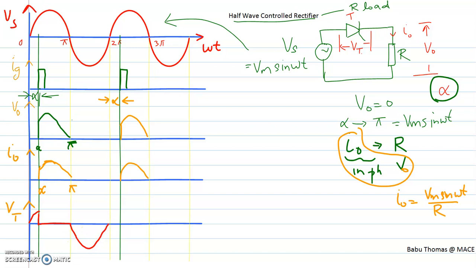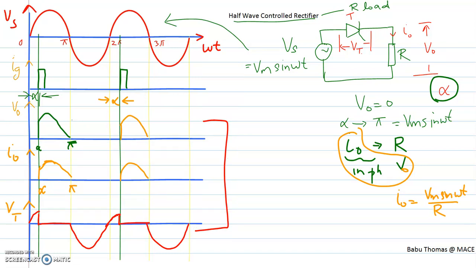From 2 pi to 2 pi plus alpha, the device is forward biased but it hasn't gone to the conduction state. That means it is remaining in the off condition. Therefore the thyristor voltage is nothing but your input voltage. So this will be repeating again like this.